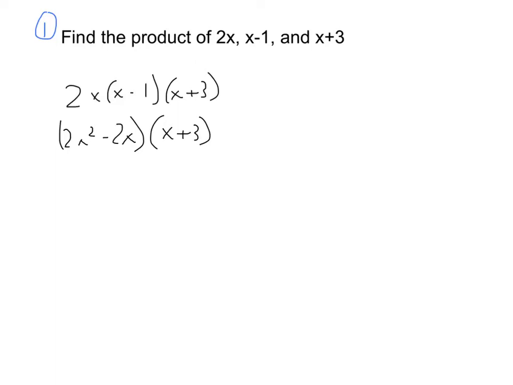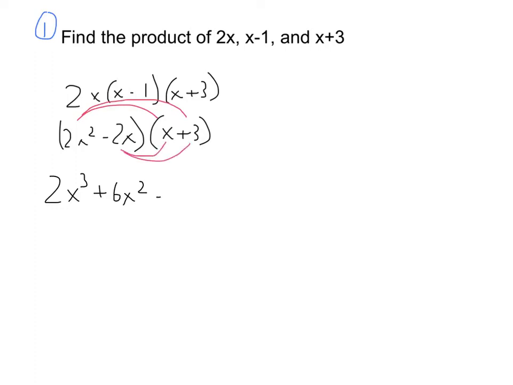Okay, and then here we can multiply these two binomials together. So I'm going to distribute 2x squared times x, and then times 3. So then we get 2x cubed plus 6x squared. And now let's distribute the negative 2x times this x plus 3.